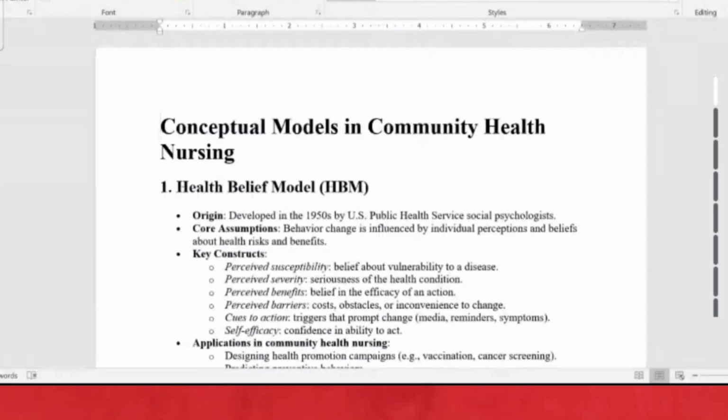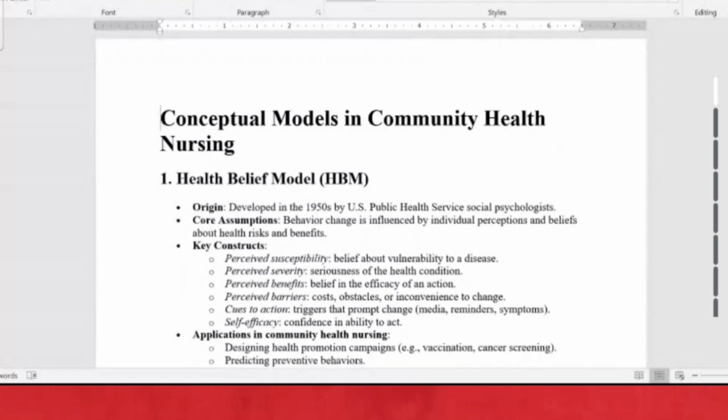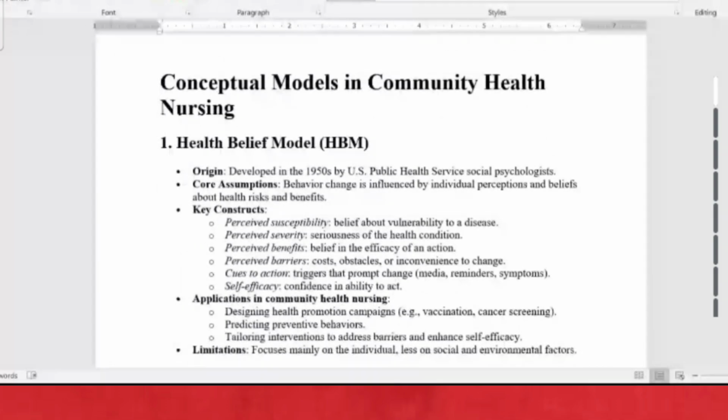1. Perceived susceptibility, beliefs about vulnerability to a disease. Perceived severity, seriousness of the health condition. Perceived benefits, the efficacy of an action.